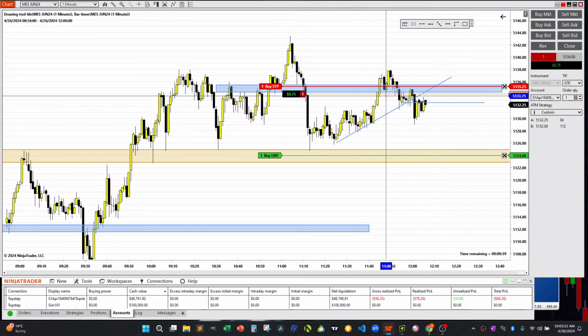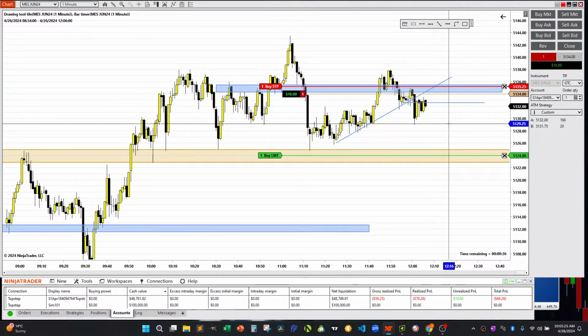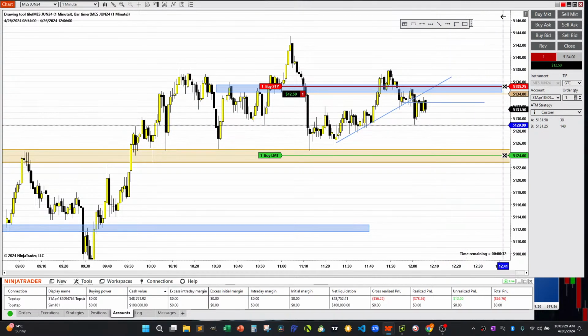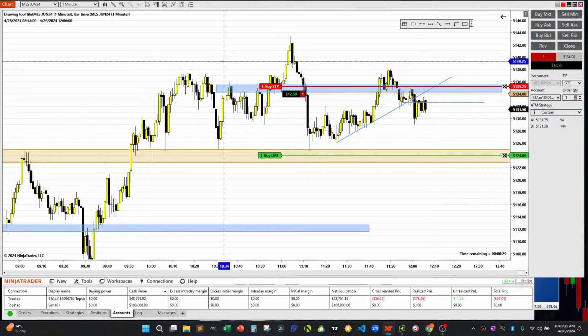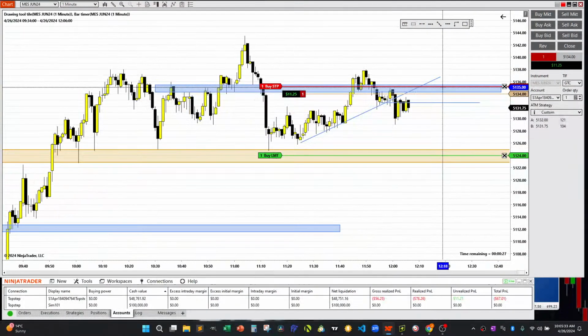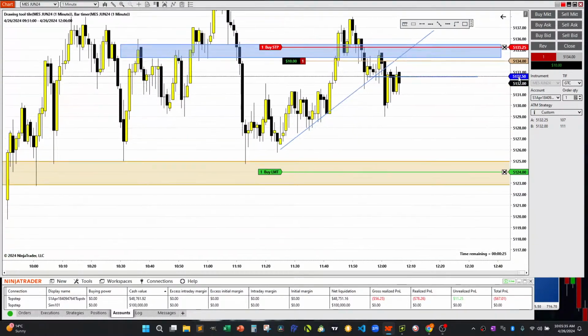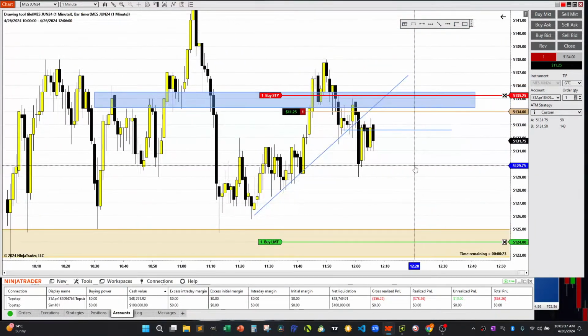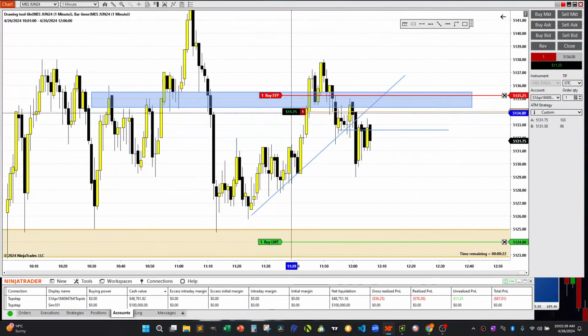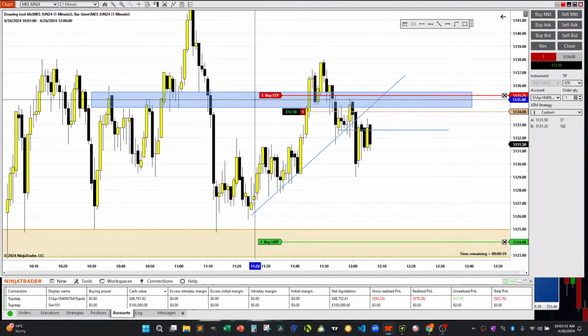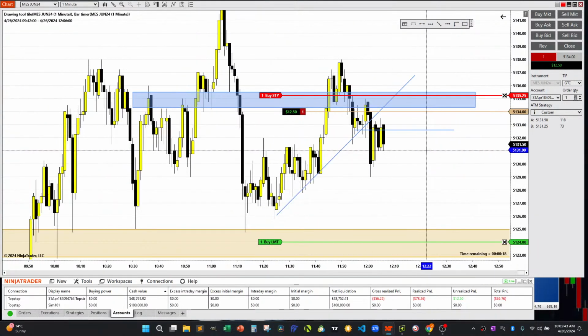This low breaks, I'll adjust the stop to where the trade is no risk. Currently about $5 on the trade or so. $8 on the trade. Yeah, about roughly $8 on the trade.